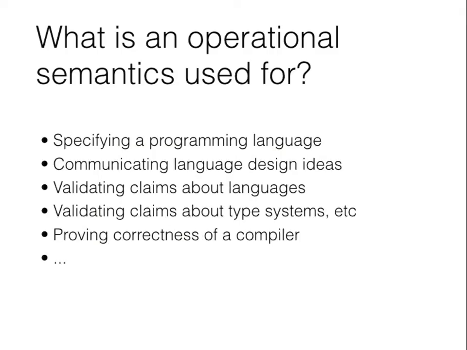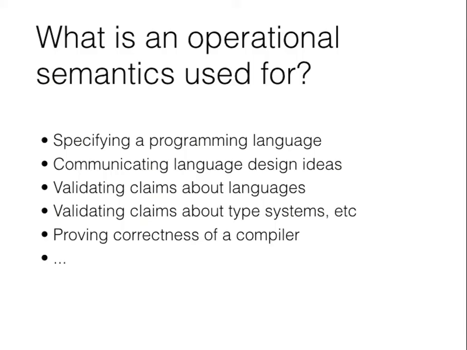But what's it actually used for? Well, operational semantics can be used for specifying a programming language. Really, I think the primary use for an operational semantics is communicating language design ideas. That's why you see them in research papers when we're trying to communicate to other people what our ideas are. When we want to talk precisely, we use semantics to be precise.